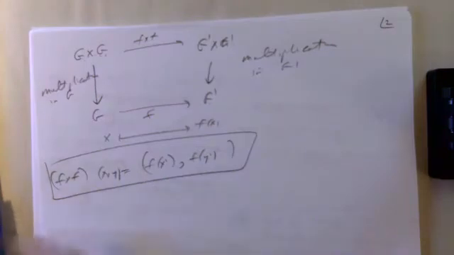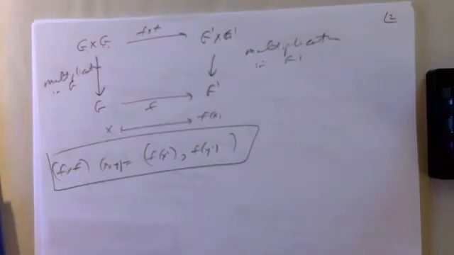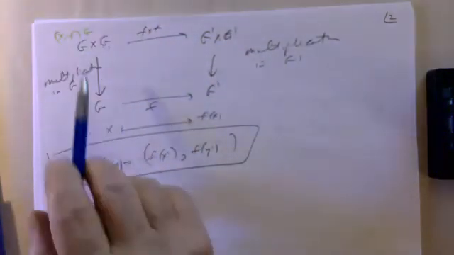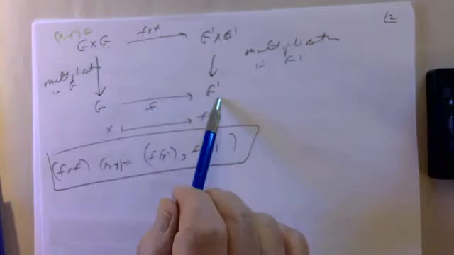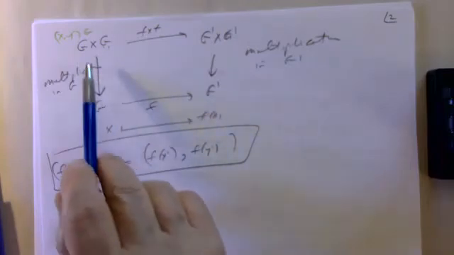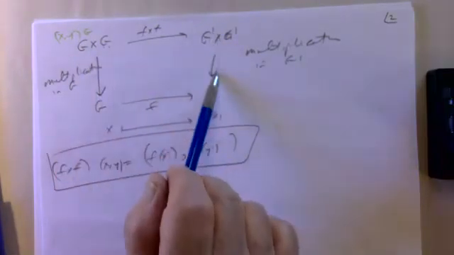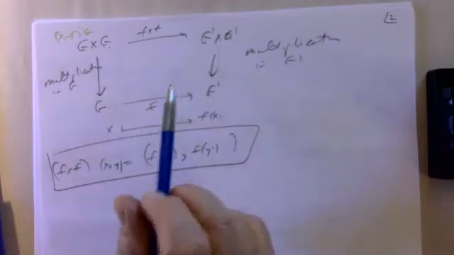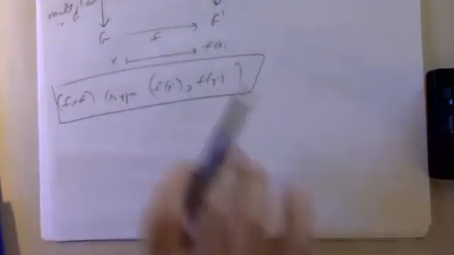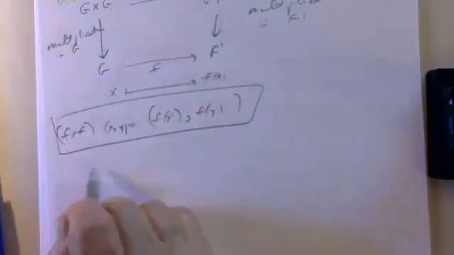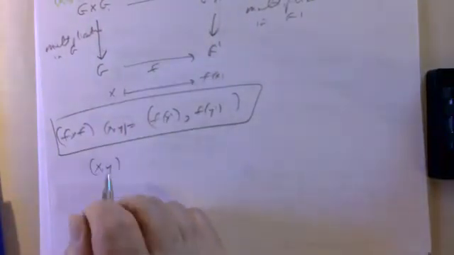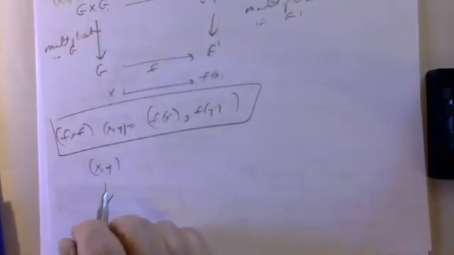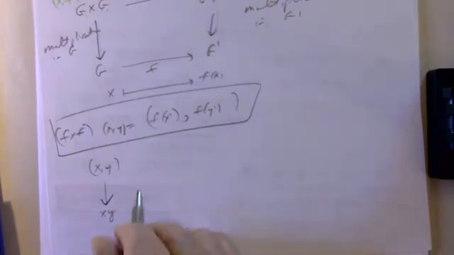And what does it mean to have a homomorphism? If you take an element x, y in G cross G, you can get from here to here by going in two different ways. You can go across and then down, or down and then across. So if you have x, y, and you go down, you multiply them, you get x times y.